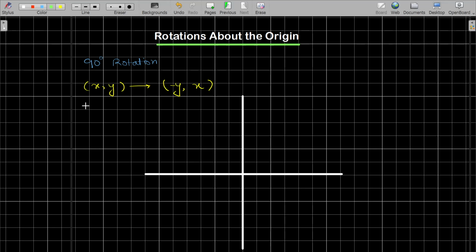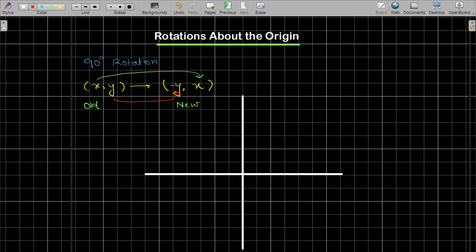Let me repeat that again. This is your old point and this is the new point. So the x coordinate has now become the y coordinate, and the y coordinate has changed its sign and has become the x coordinate of the new point.